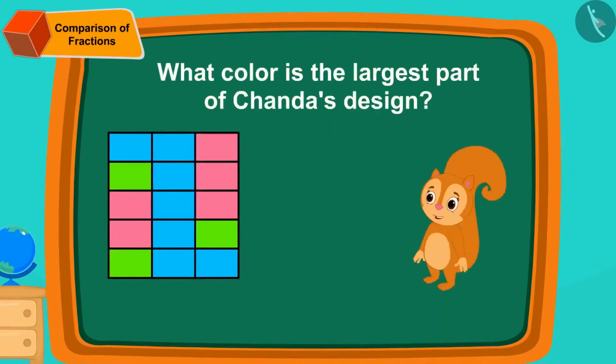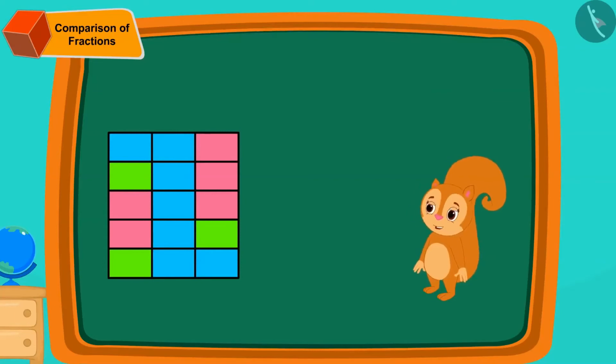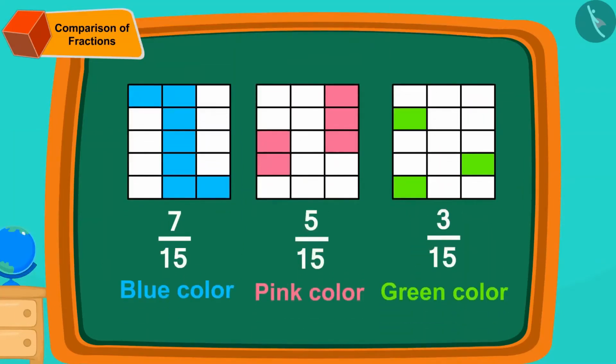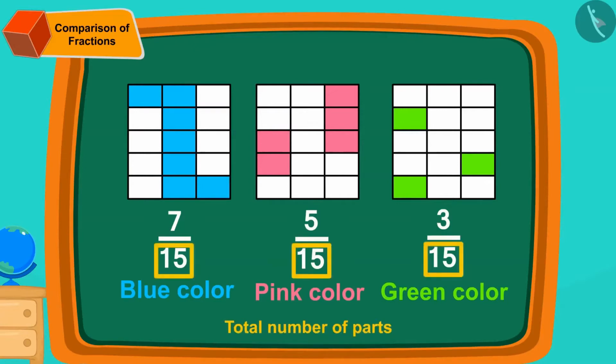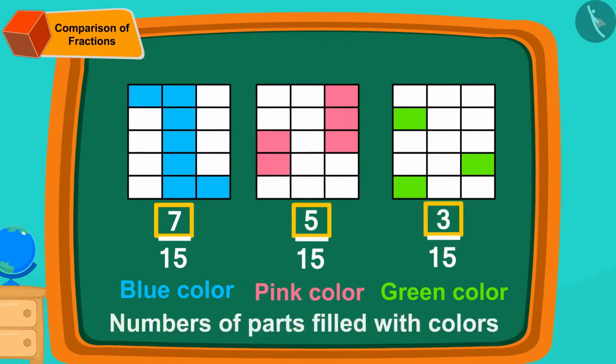Children, can you tell what color is the largest part of Chanda's design? Let us look at the number of parts of all the 3 colors. The total number of parts in the fractions of all the colors is exactly the same. Therefore, we will look at the numbers of parts filled with colors. Number of blue colored parts.